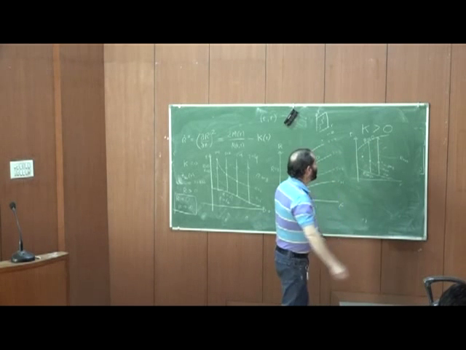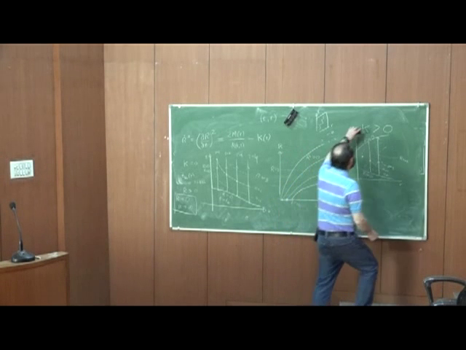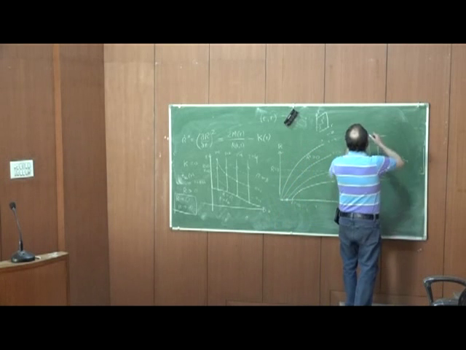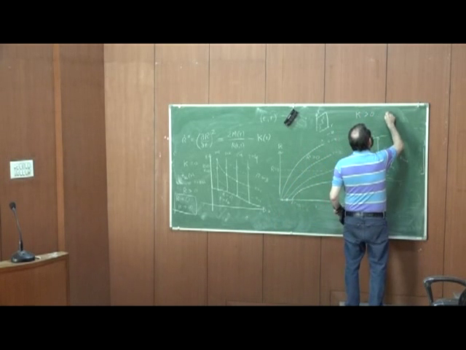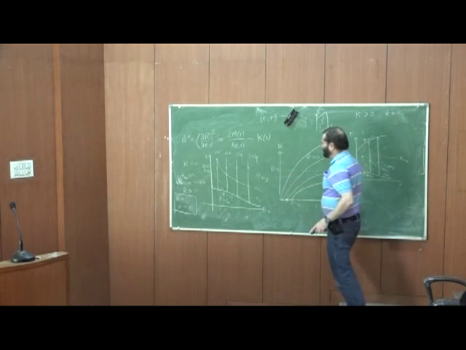Because what happens when k is greater than 0, then r dot is 0 for a special value.